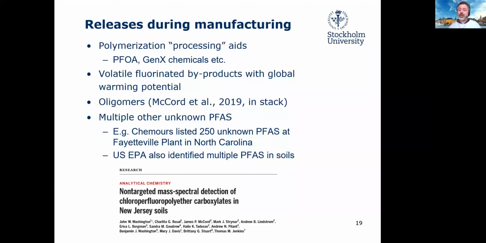For example, Chemours themselves, which used to be called DuPont, have found 250 unknown PFAS around one of their plants in North Carolina. And the US EPA published a paper last year in Science showing there were some unknown PFAS in the soils all the way around one of the fluoropolymer manufacturing plants in the US. So there's a huge issue with the manufacturing, and the industry are well aware of this.